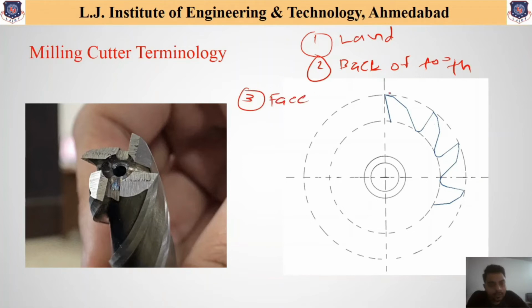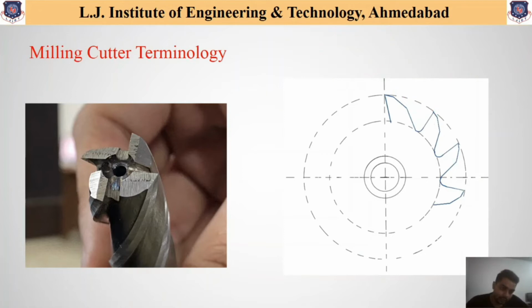Again, this first portion is called the land, the entire remaining back section is called the back of the tooth, and this particular portion is called the face. So these are the other terminologies available on a milling cutter.